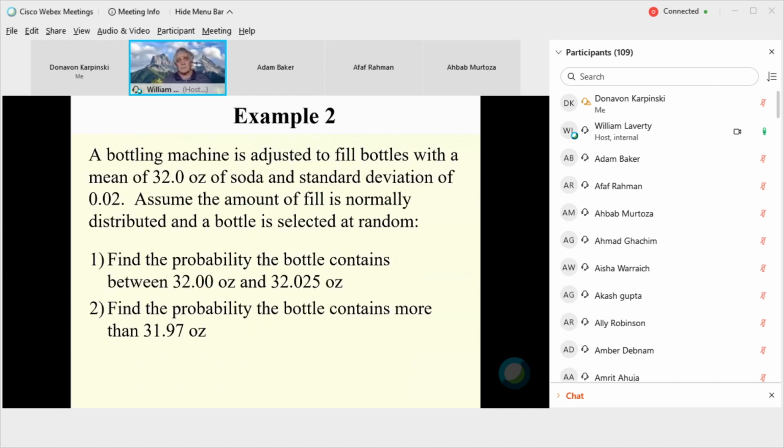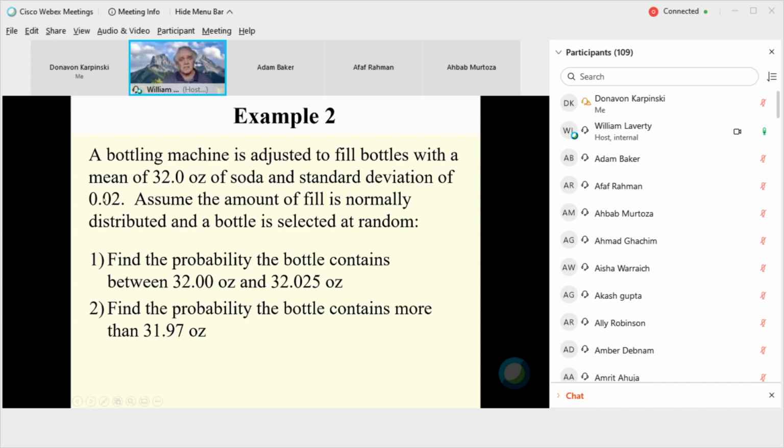Another example. Suppose a bottling machine is supposed to fill bottles with 32.0 ounces and a standard deviation of 0.02. So that means that the amount that's put in the bottle will be centered around 32, sometimes above, sometimes below.